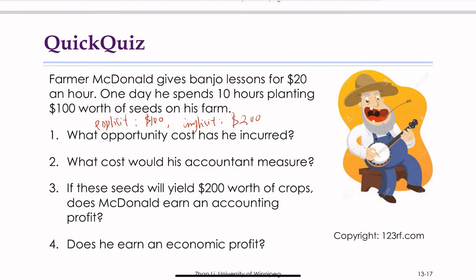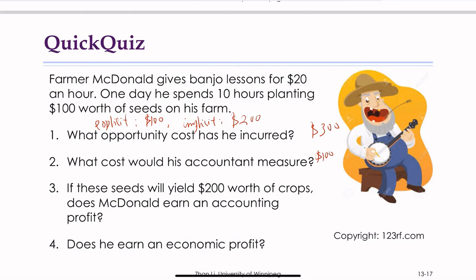So you can see that the total opportunity cost is actually $300. What cost would his accountant measure? Well, this is simple, right? We learned the accountant would only measure explicit cost. So here, the accountant would only measure this $100 of explicit cost.